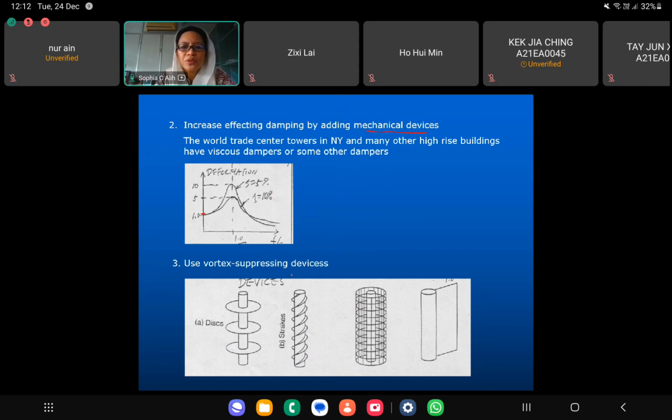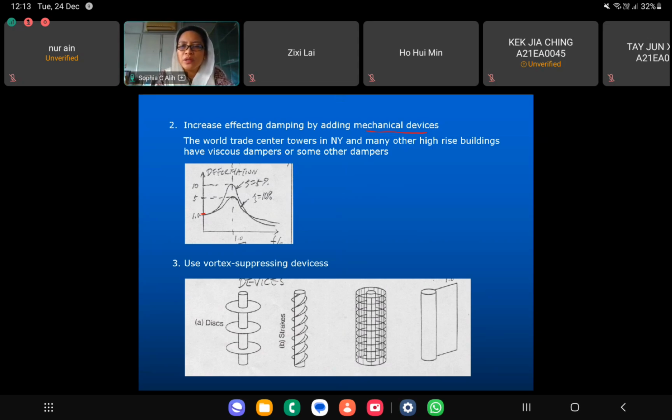Or you can also use vortex suppressing devices like this one, like these tracks and everything, in which in your assignment you can check more on the example of how you can reduce the vortex excitation, or how you can increase the damping of your structure. So I leave it to you to explore more on this subject.